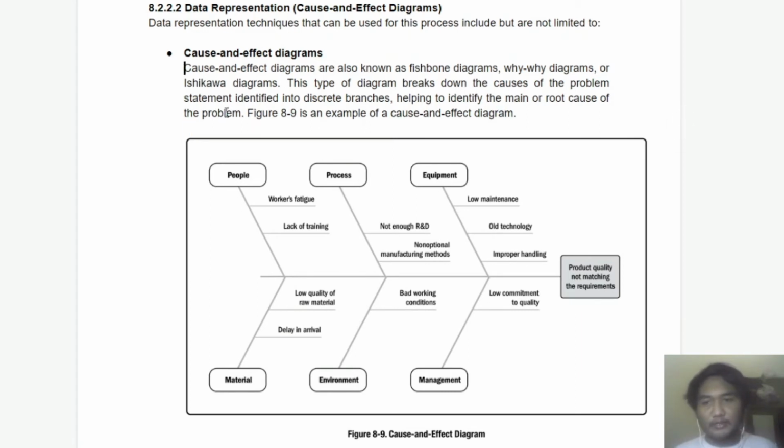Actually it depends on what problem you are having, but generally the most commonly used are six headings: people, material, process, environment, equipment, and management.